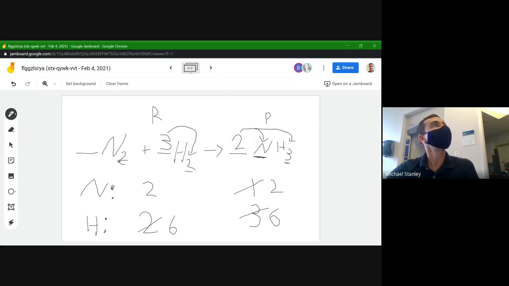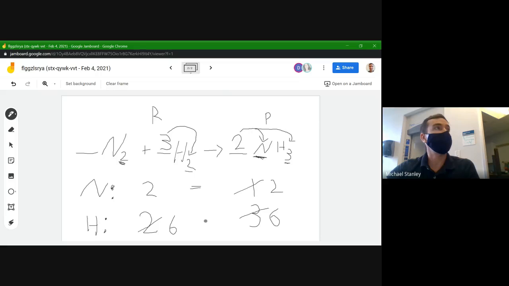Right, and so now that we did all this balancing, we have 2 N's on the reactant still. That didn't change. But we have 2 N's on the products, which means that 2 and 2 are the same. So this is now nice and balanced. We have 3 times 2 is 6 H's on the reactant side, and 2 times 3 is 6 H's on the product side.